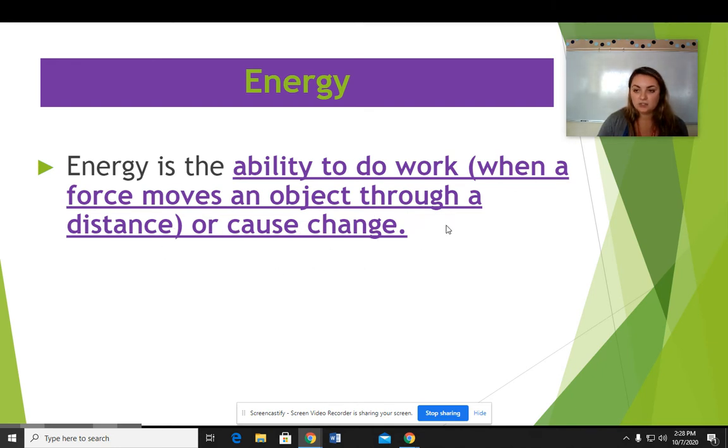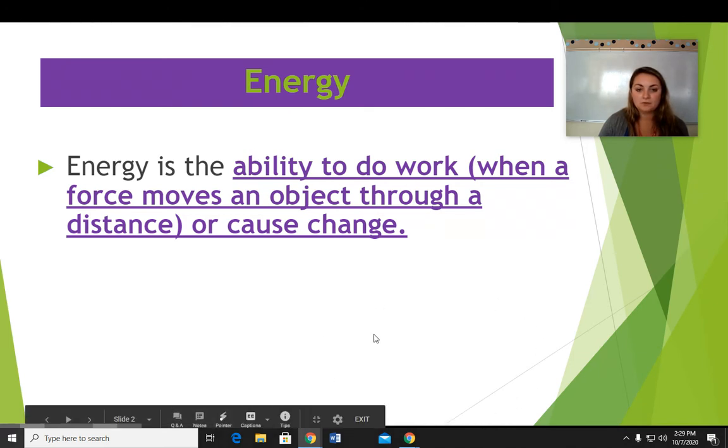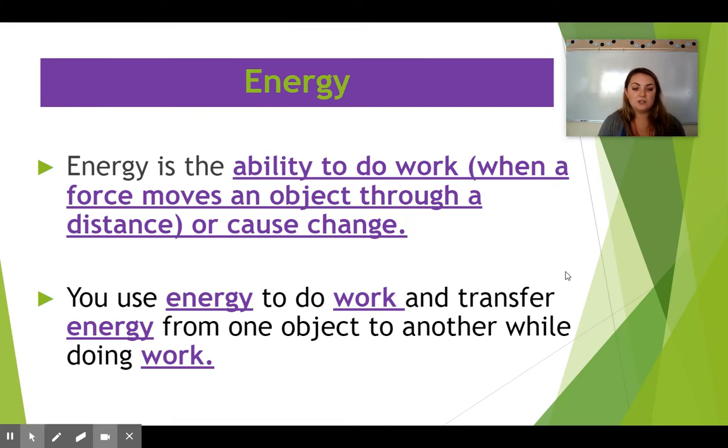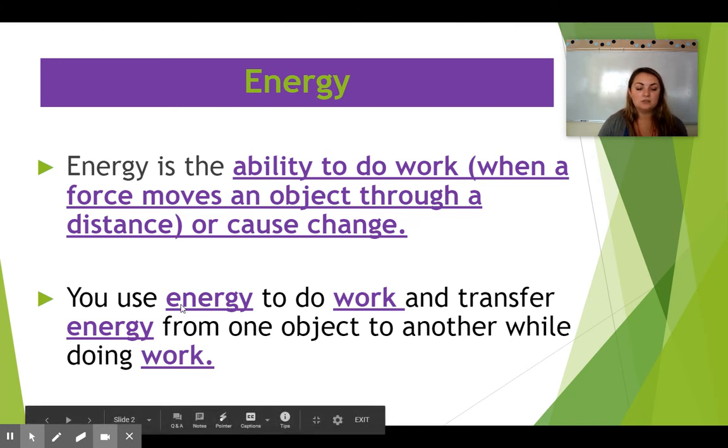So energy is the ability to do work when a force moves an object through a distance or cause change. Okay. And you use energy to do work and transfer energy from one object to another while doing work. So that's how energy is used. And again, you're writing in the purple letters onto your notes sheet.